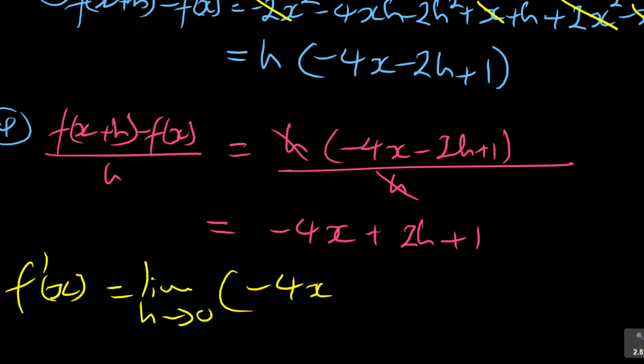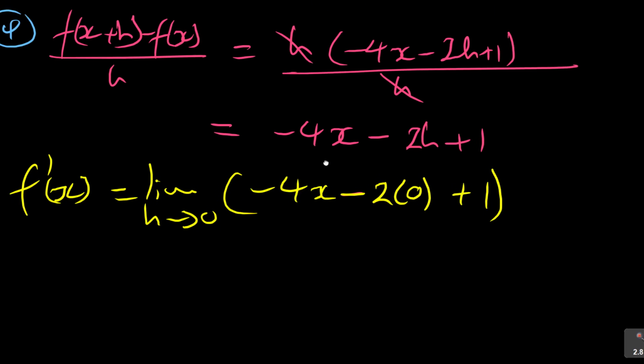Did I forget something? No, minus 4x. It was minus, I don't know why now I'm putting a plus here. It was minus, this was minus, so it's still minus here. Minus 2h as h approaches 0, plus 1.